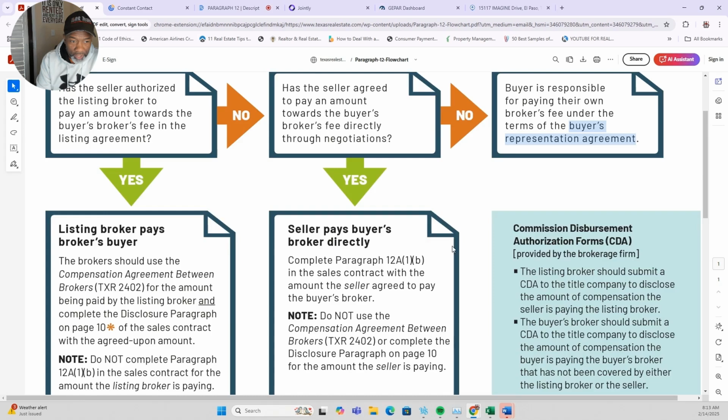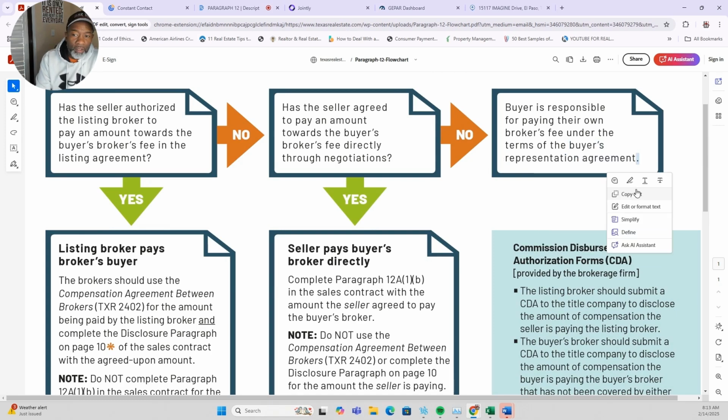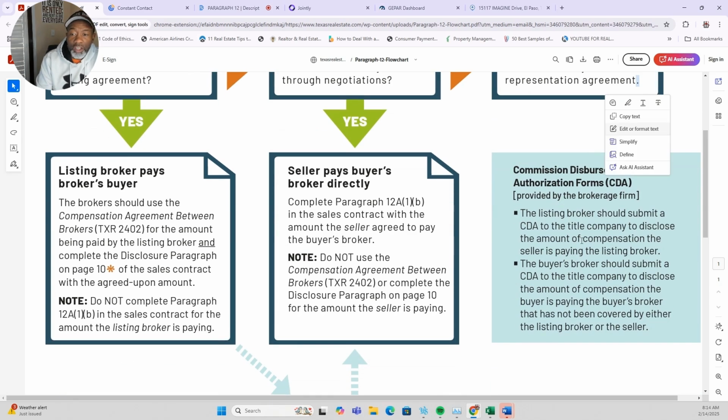However, you only negotiated for the listing broker or the seller to pay you 2.5%, right? So that 0.5% should go in the CDA. The buyer broker should submit a CDA to title to disclose the amount of compensation the buyer is paying the buyer's broker that has not been covered by either the seller or the listing broker.